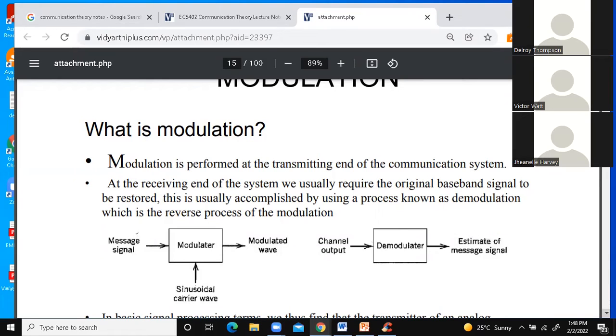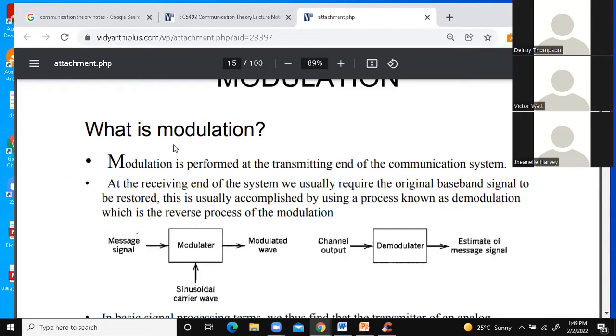Then at the receiving end, we do the reverse of modulation.